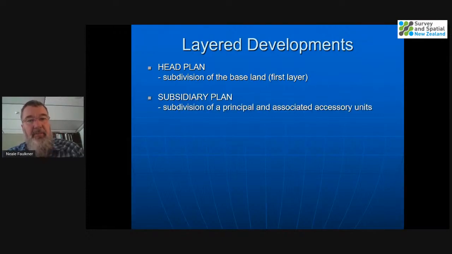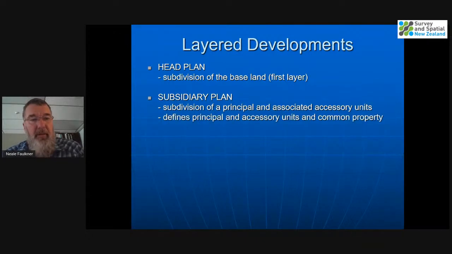Subsidiary plan is a subdivision of a principal and its associated accessory units, and it can be principal units and accessory units. So if you had 2 side-by-side units, principal units, you could do a subsidiary subdivision of units 1A, 1B, and AUs 4, 5, 6, and 7 that were associated with them.